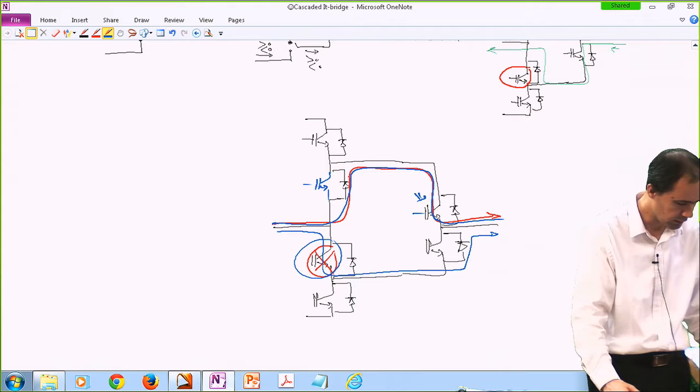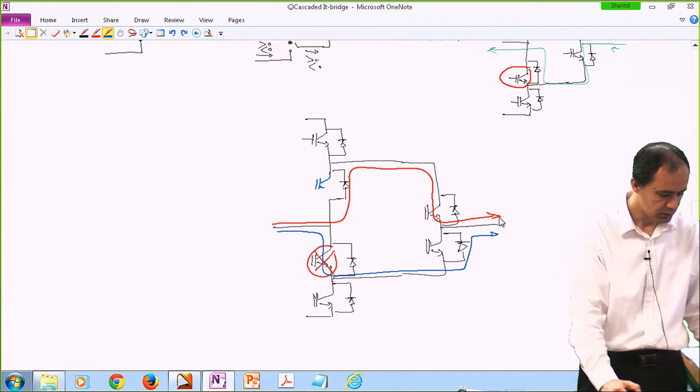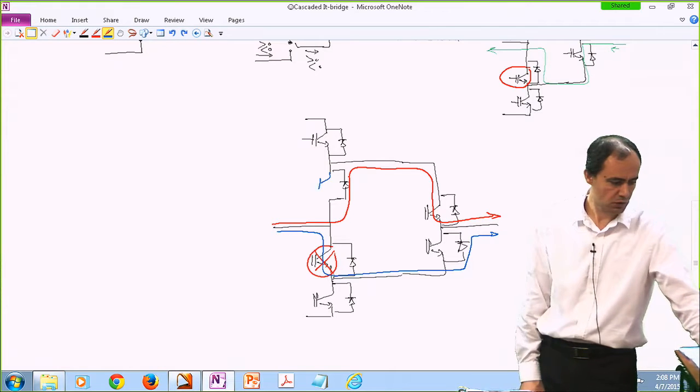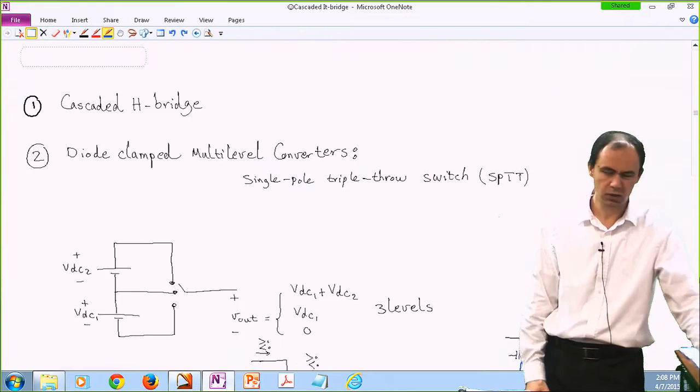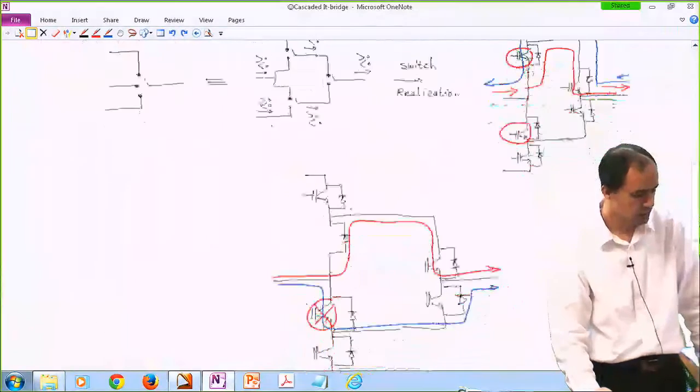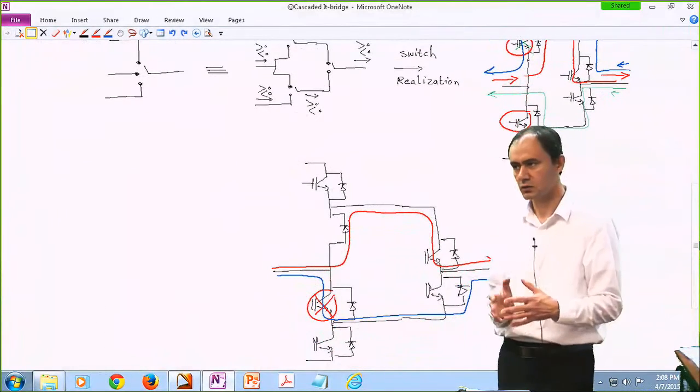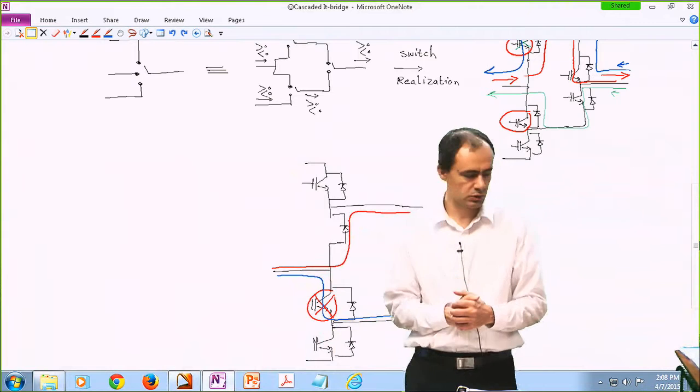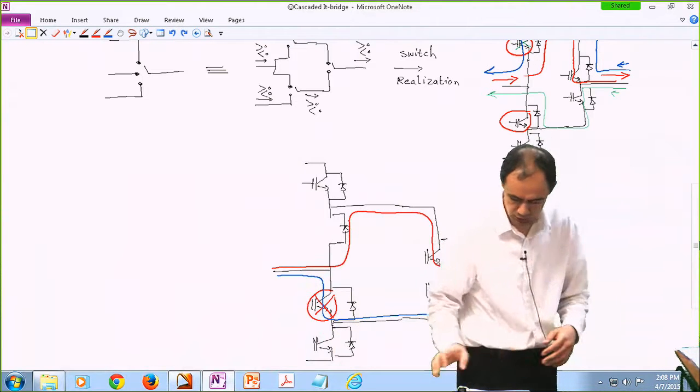So we don't really need those two switches. Instead of having 3 times 2, which is 6 transistors, we only need 4 transistors. So we are saving in terms of the number of transistors. In terms of diodes, we cannot eliminate any of these diodes, so we still need 3 times 2, 6 diodes.